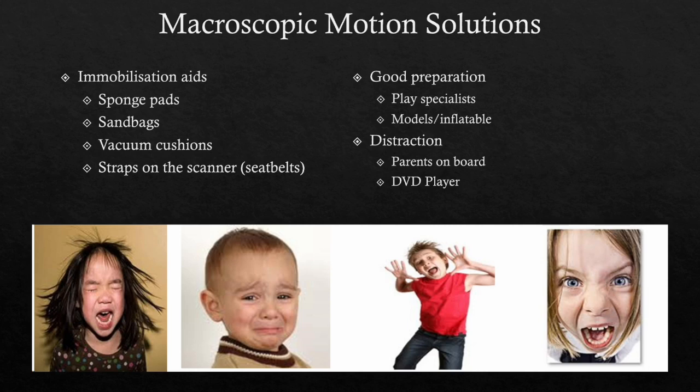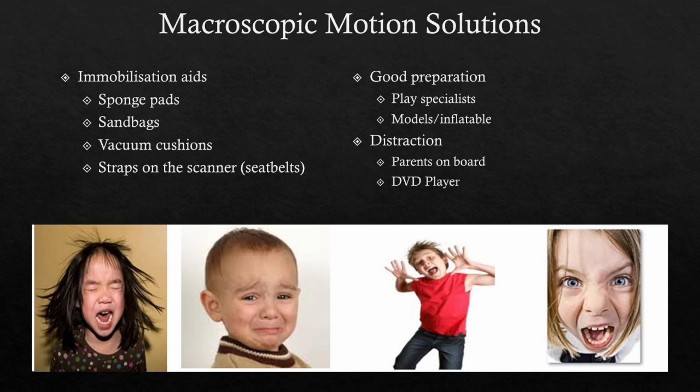Before they even get on the scanner, good preparation is really key to maximize cooperation. We have very good play specialists with us, and you might not have that in your centres. However, if radiographers can spend some time going through preparation and doing some practice, that's really helpful.